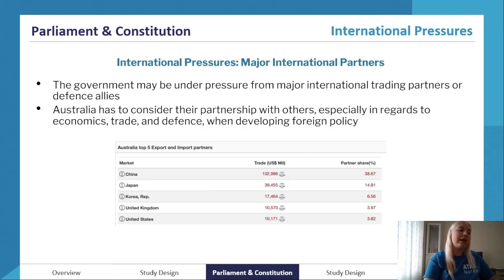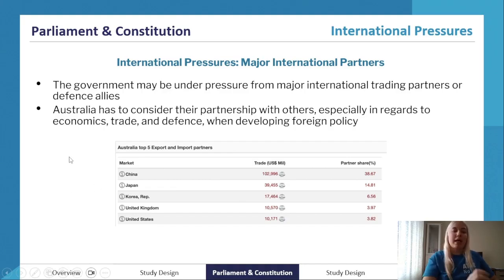So just another thing we have to consider that limits lawmaking. For instance, if we impose some kind of travel restriction on another country or some kind of import or export restriction on them, they could get mad and impose some restrictions on us as well. So you can see there on the image, Australia's top 5 export and import partners. For instance, we really have to consider China.